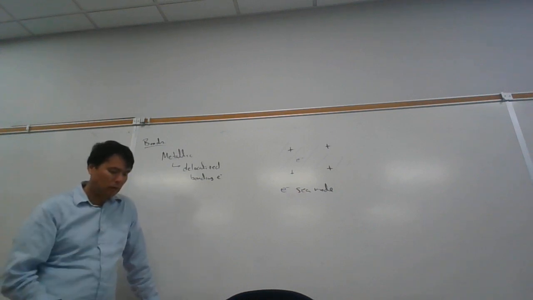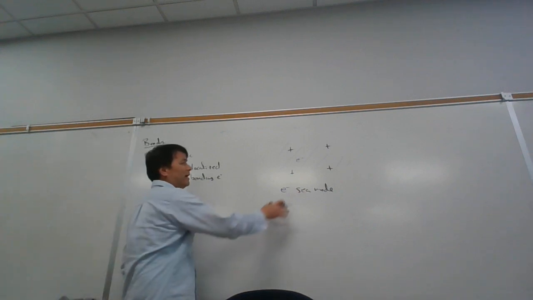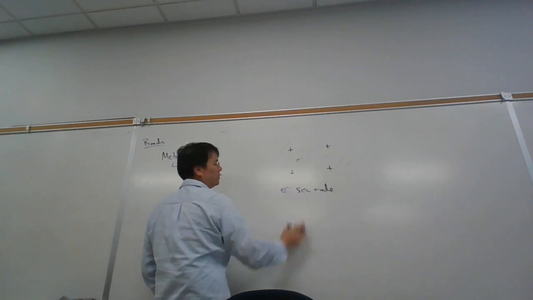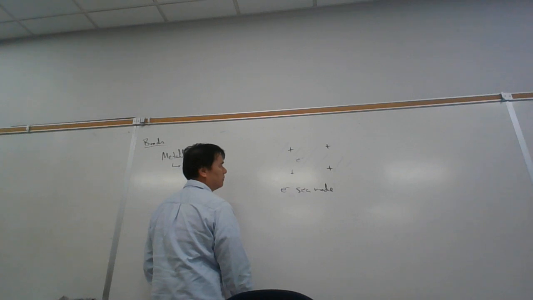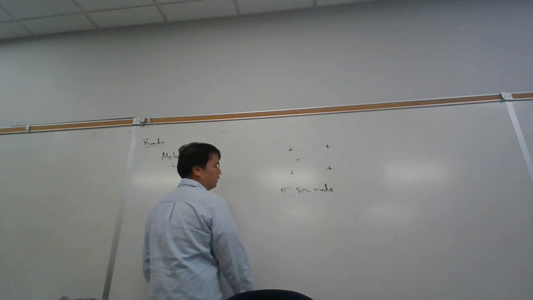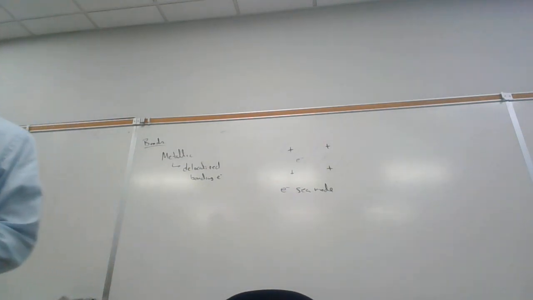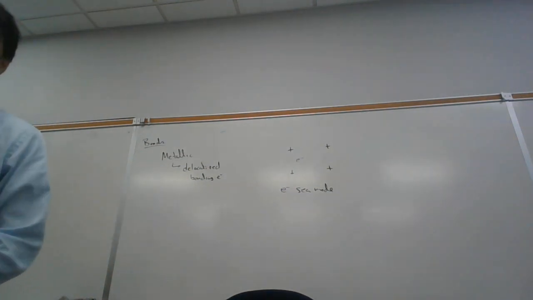Now, what holds the nuclei together is this negative charge around here. The nuclei are going to be attracted to the negative charge region. Another interesting aspect of the electron sea model is the electron isn't confined to the atom.